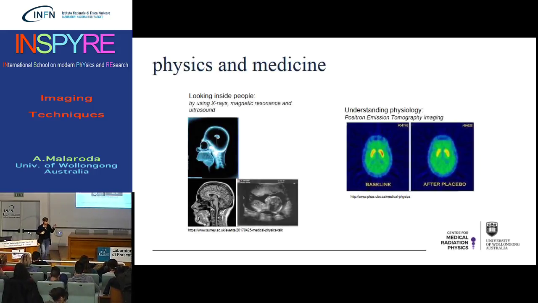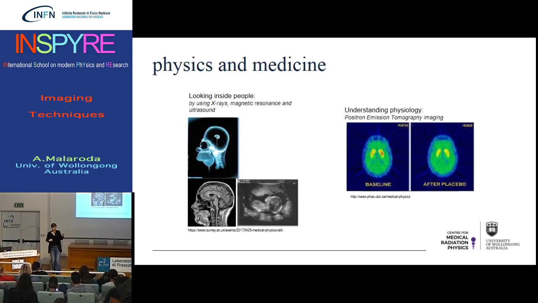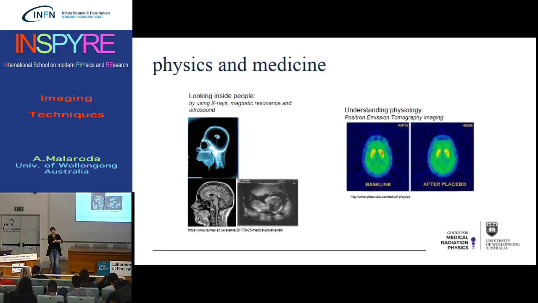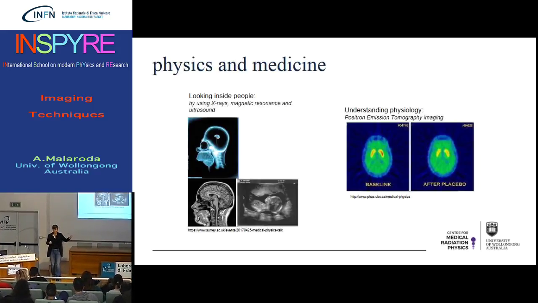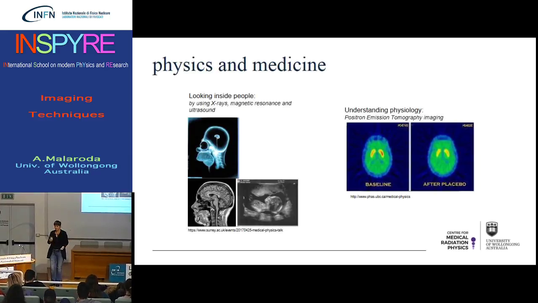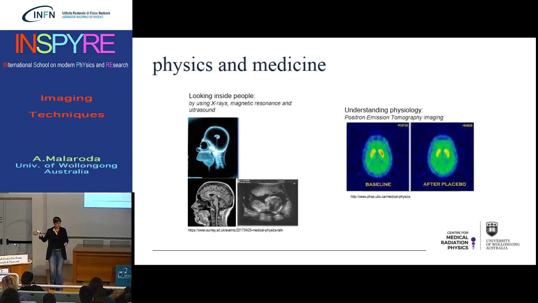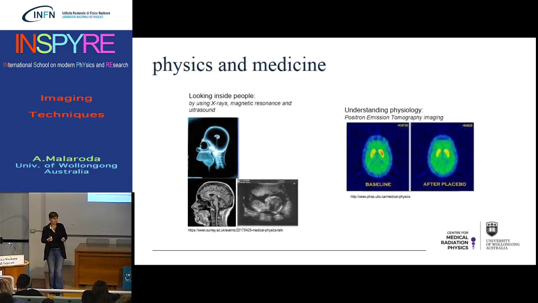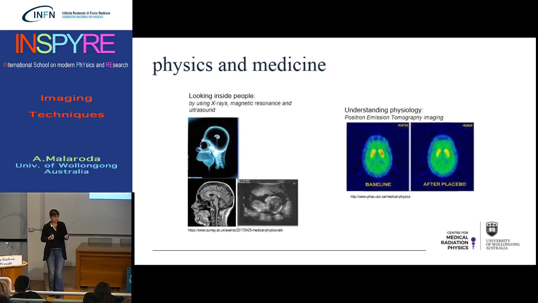So if I produce positrons within the human body, what is that positron going to do? It's going to meet an electron, interact with the electron, and annihilate. So the positron is going to disappear, an electron is going to disappear, but what are we going to get? 2 photons.